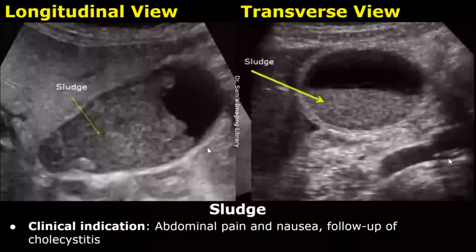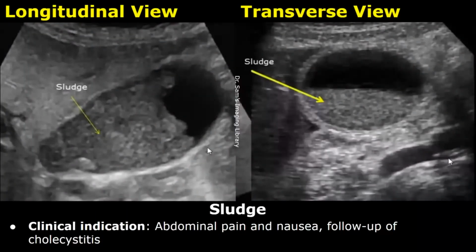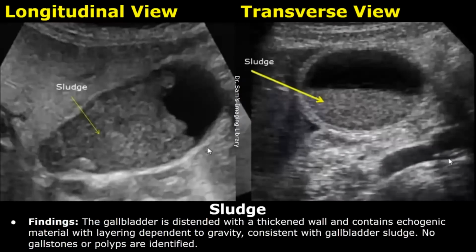For gallbladder sludge, the clinical indication can be abdominal pain and nausea or follow-up of cholecystitis. In the findings, you can write about the distended gallbladder, the thickened wall, and what it contains, as sludge appears echogenic with layering dependent to gravity, that is consistent with gallbladder sludge.